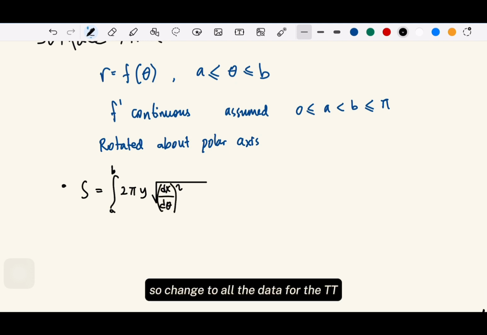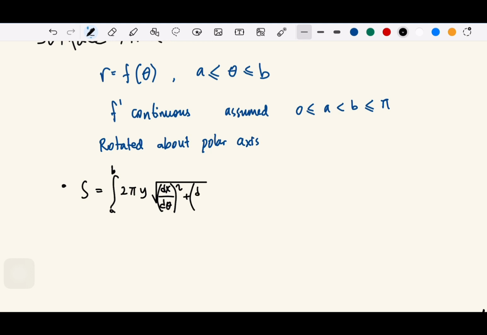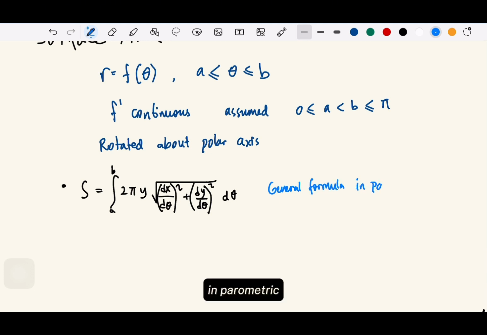So change all to theta for the d theta. So this is the general formula in parametric, and we say it's rotated about the x-axis.